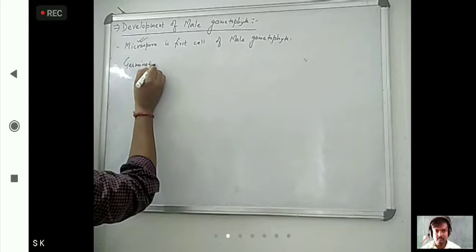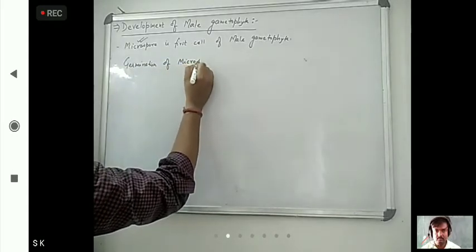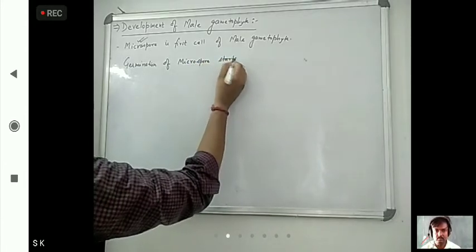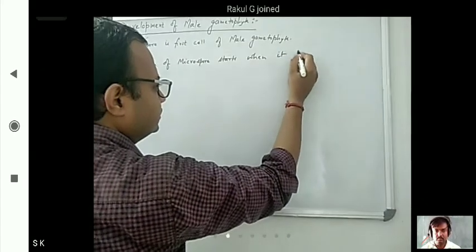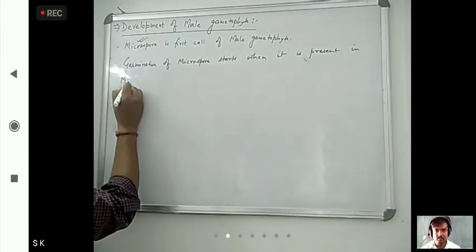Germination of microspore starts when it is present in microsporangia.